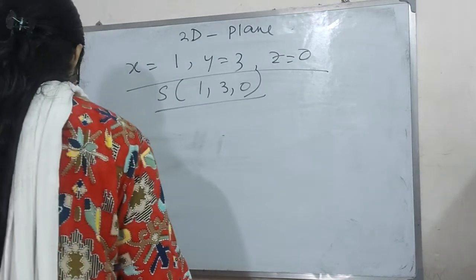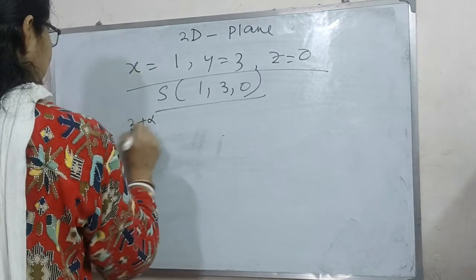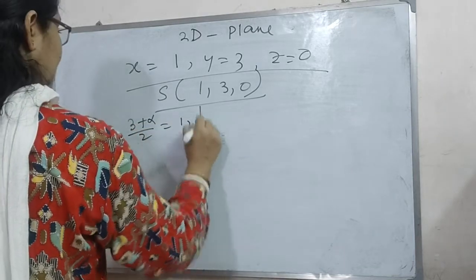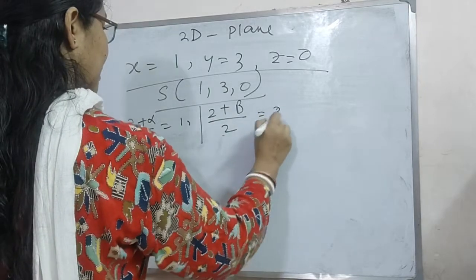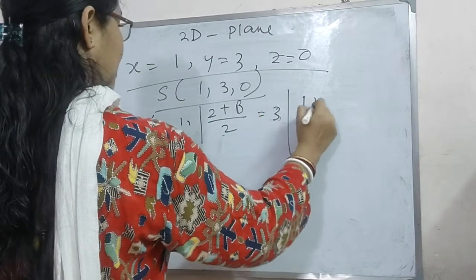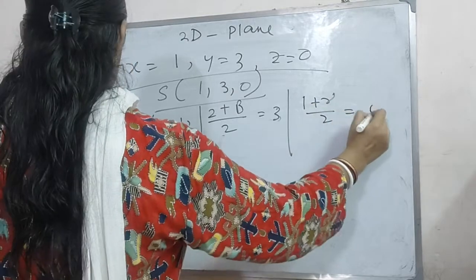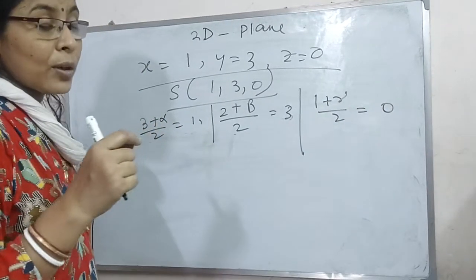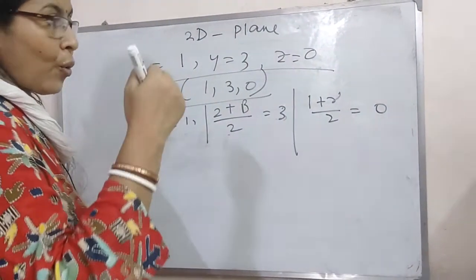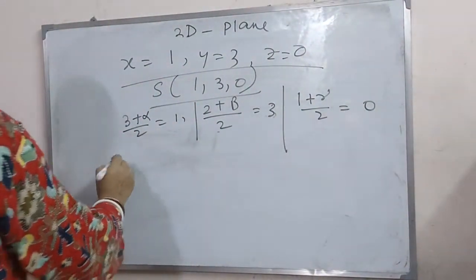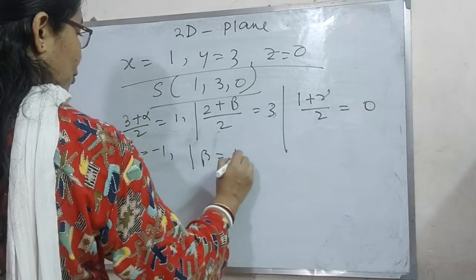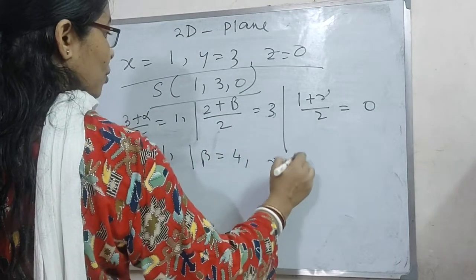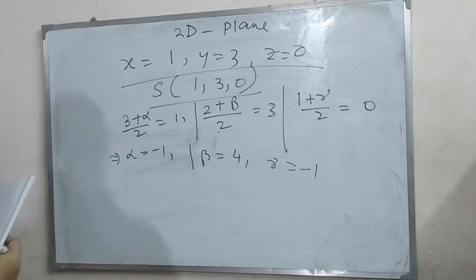And from the given, 3 plus alpha by 2 equals 1, 2 plus beta by 2 equals 3, and 1 plus gamma by 2 equals 0, because S is the midpoint of O and P. So alpha equals minus 1, beta equals 4, gamma equals minus 1.